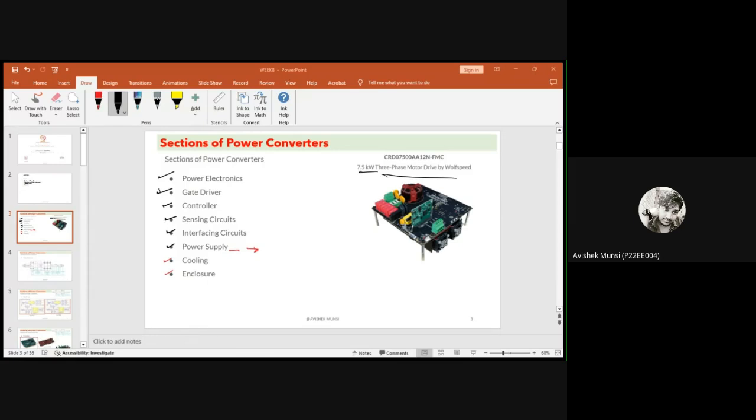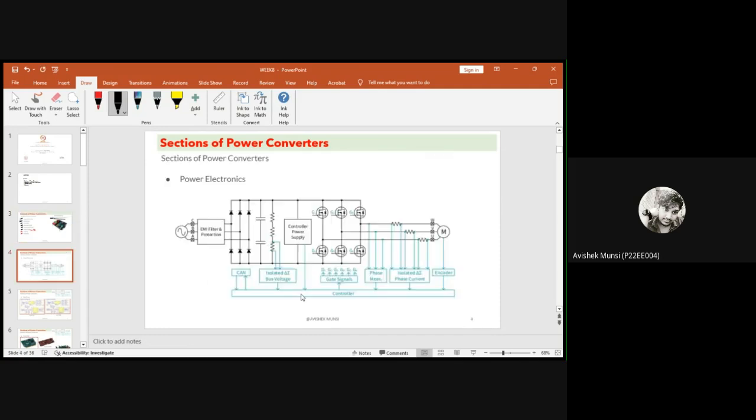Fine. So step one, the power electronics. We see that the converter which I showed there has some EMI filter protections. We discussed in the last class that a converter definitely needs EMI filter protections. After which you supply an AC, so there will be a three-phase rectifier which will convert it into DC. This is the rectifier, and this is the DC bus capacitors.